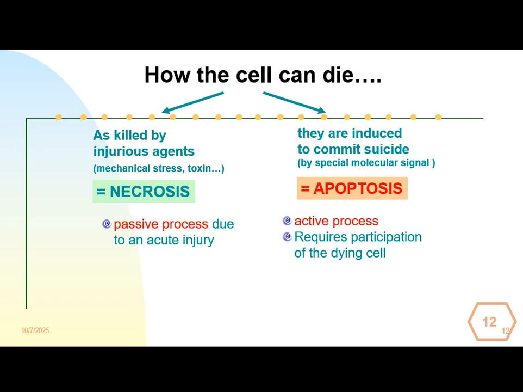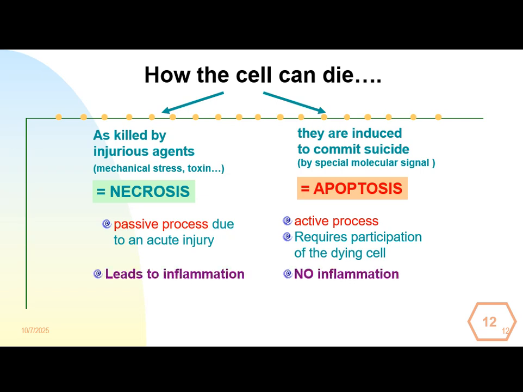Somebody killed it, so the energy is coming from somebody else, not from this cell. Apoptosis is an active process and requires ATP. So it's going to use some energy from the cell to achieve the result. So that's the major difference.